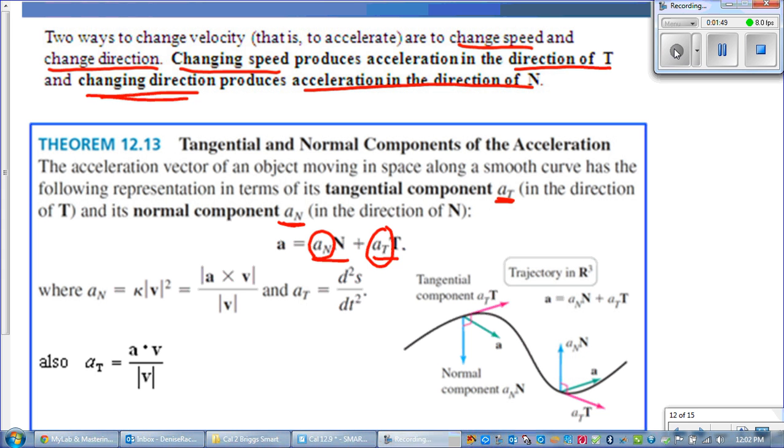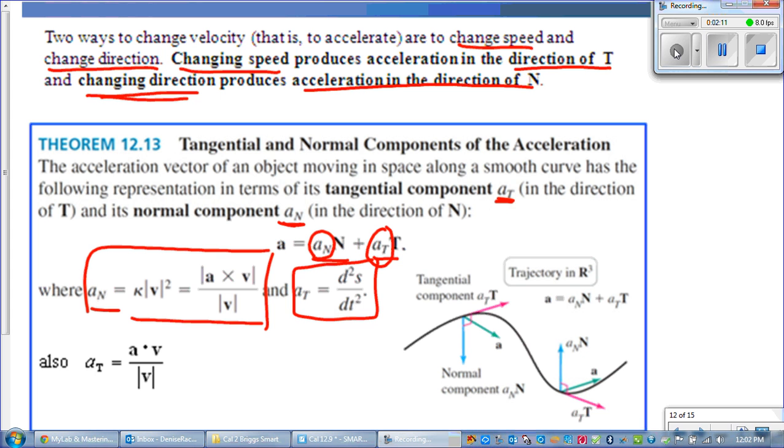Now to find a sub N, that's the change in the direction. We saw that a sub N was equal to one of these two forms, where you were looking at the change in the direction. For a sub T, if you have the function s of t, or r of t, we can simply take that second derivative.